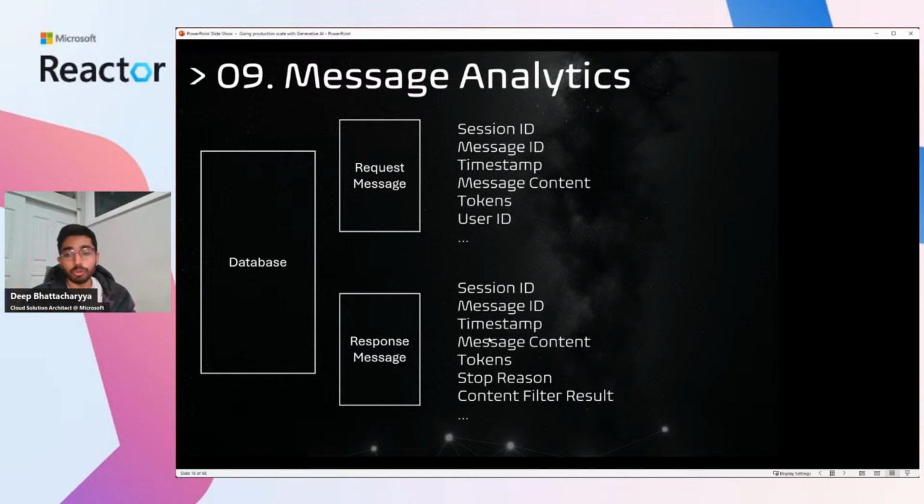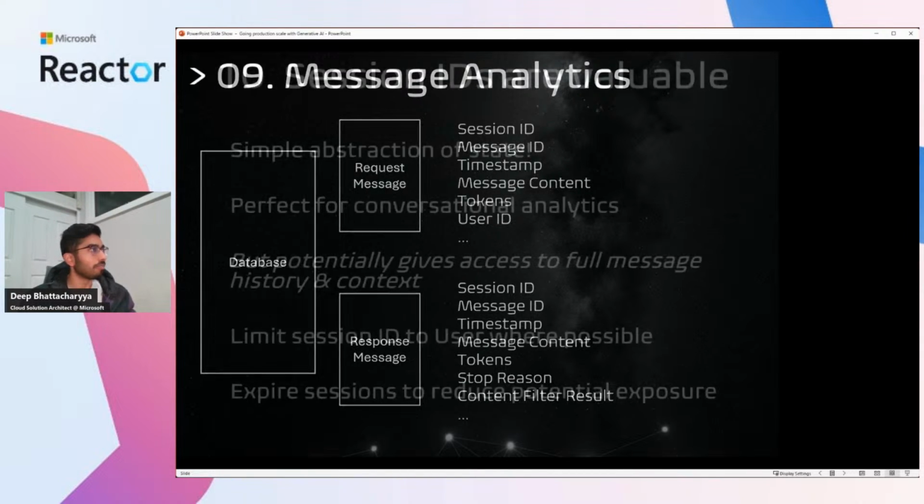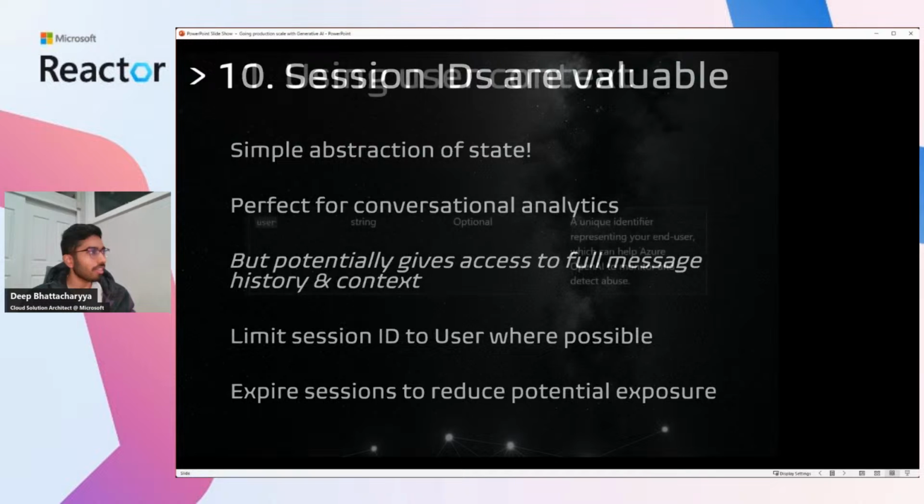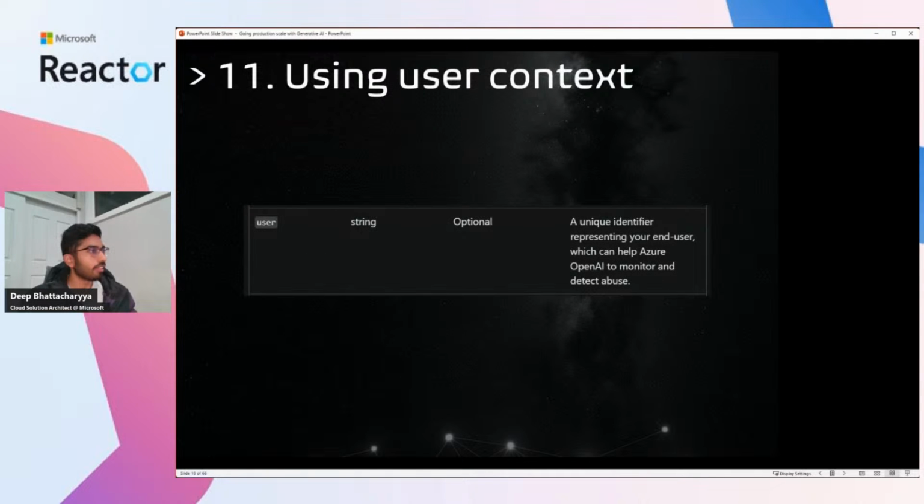If you are storing all the prompts and all the outputs in something like Cosmos DB, you can run analytics through that as well. Session IDs are valuable, of course. You can use the user context as well.